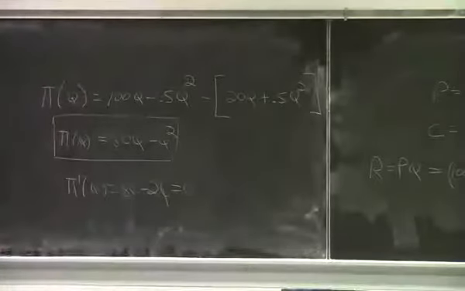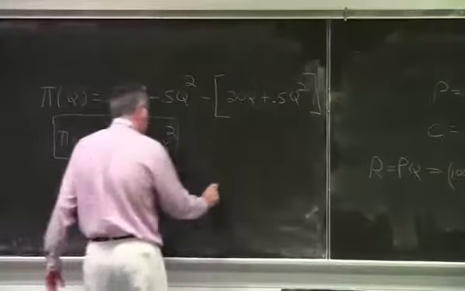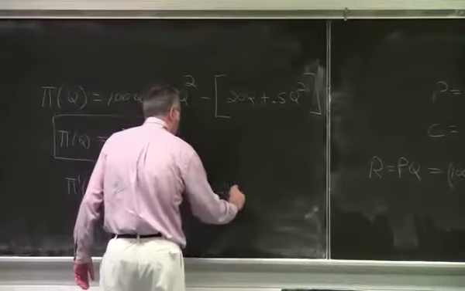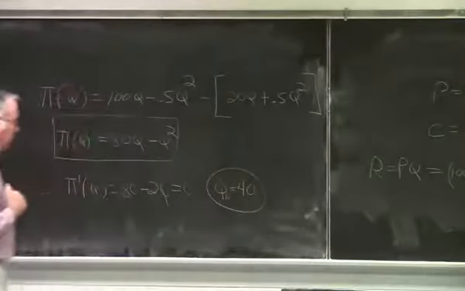Set that equal to 0 and solve for Q. And solving for Q, we get Q sub 0, the critical value of Q, is equal to 40. That is our critical value of Q.